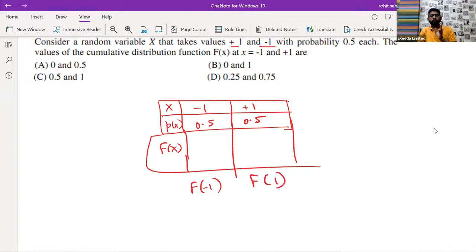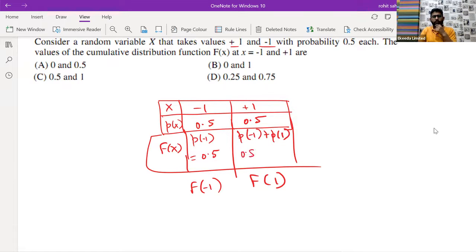So F of -1 means you need to add the density up to -1. You don't have anything less than that, so no more addition. It's just the density of your only X equal to -1. So this will be equal to P of -1, which is simply 0.5. If you talk about the distribution at 1, you add the values less than that, so that should be P of -1 plus P of 1.